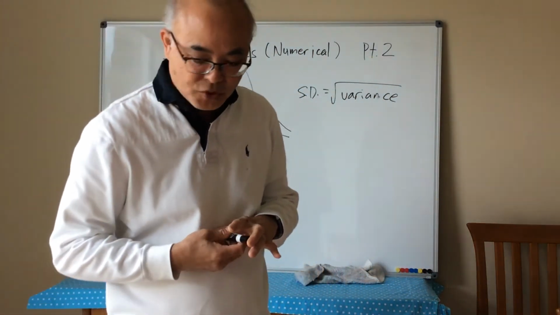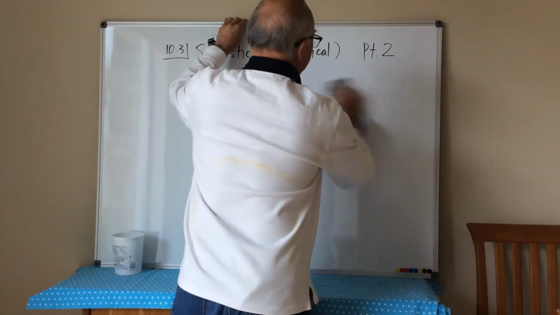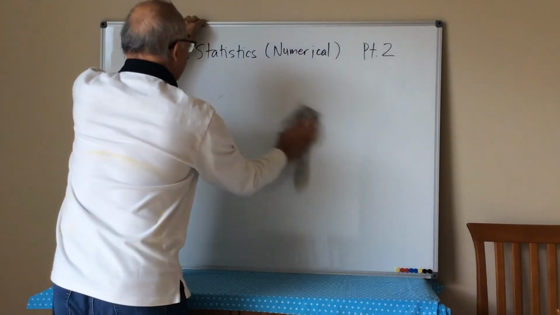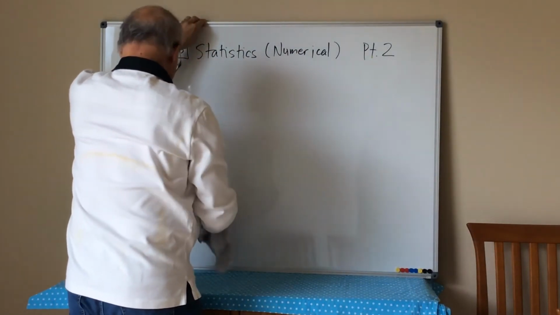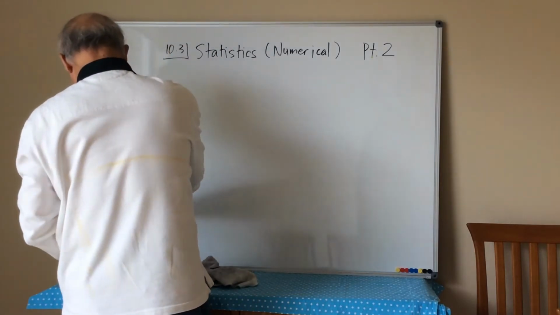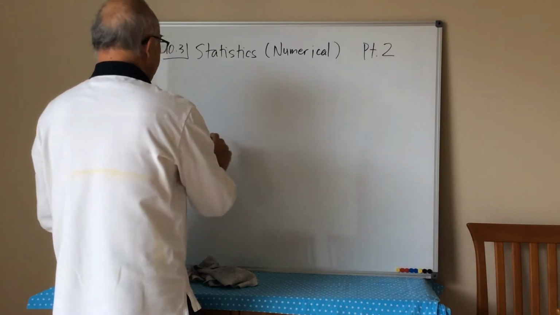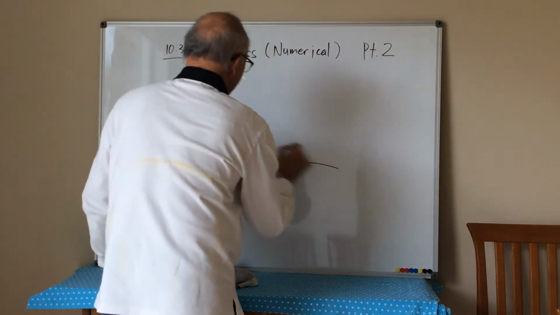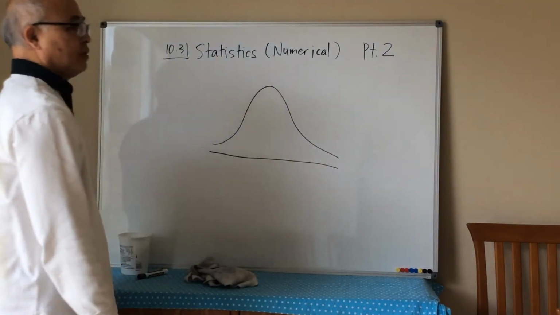Normal distributions. Normal distributions is what we call the famous bell curve, right? It's the bell curve, right? Normal distribution, in statistics parlance, is the golden rule. You want to try to make sure that everything is or closely approximates a normal distribution, okay?